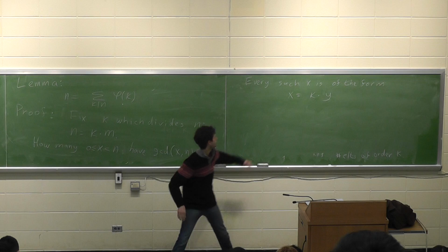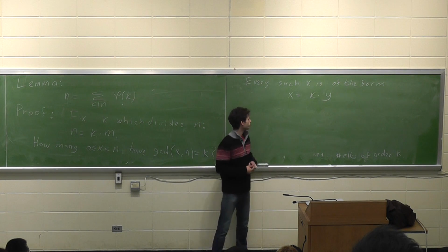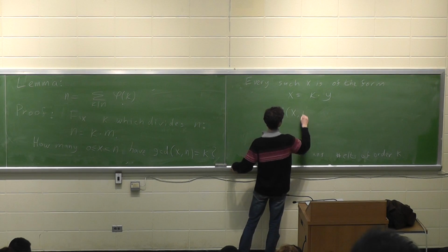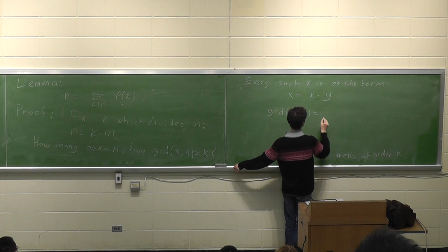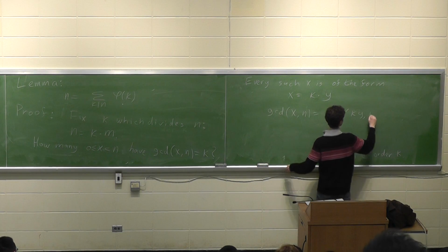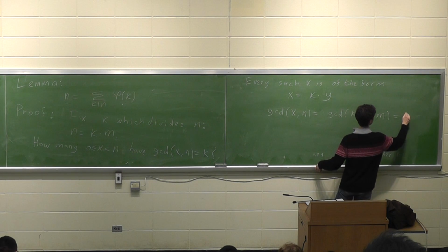But of course, not every number of this form is good for my purposes. I want the greatest common divisor of x and n, which is the greatest common divisor of ky and km, to be equal to k.